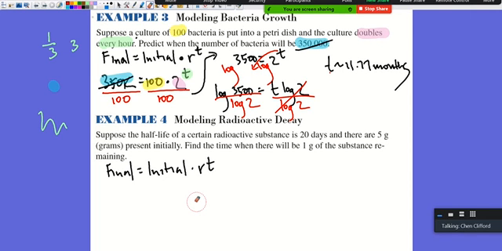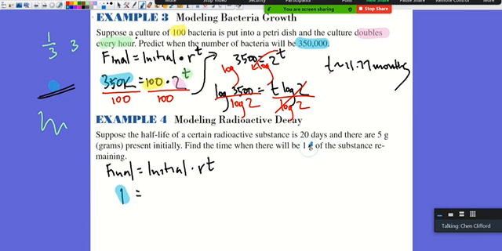So now final is going to be 1. And let's throw that in blue over here. Let me take off this slash because that may confuse you later on. Now your final is 1.